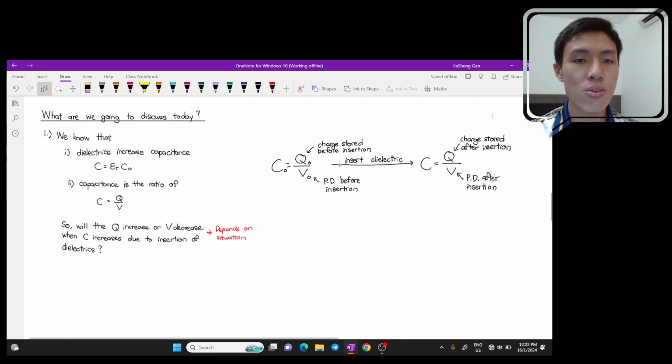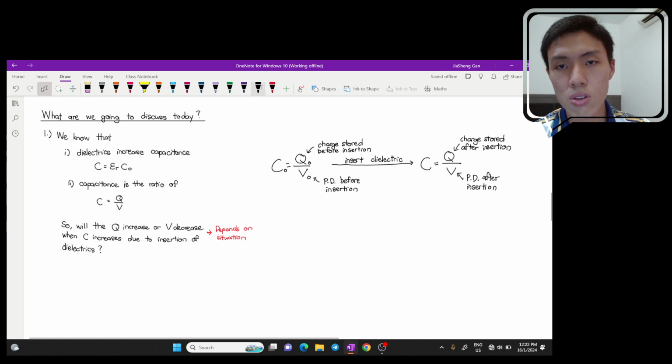Now you insert the dielectric, and it will cause the capacitance to increase. Therefore, this new capacitance C will definitely be larger than the old capacitance, before insertion of the dielectric. But we know that this C is still tied to its definition, which is the charge stored after insertion divided by the potential difference after insertion.